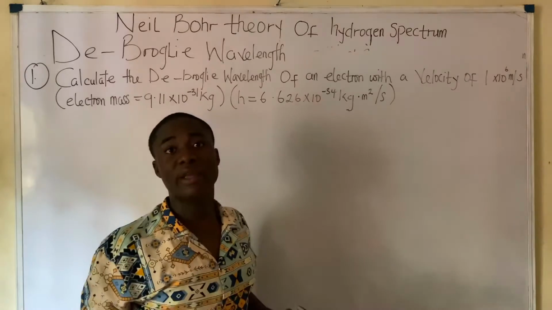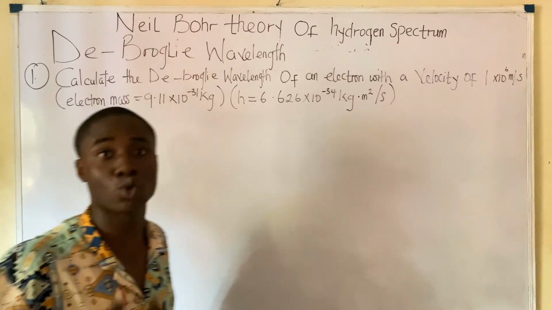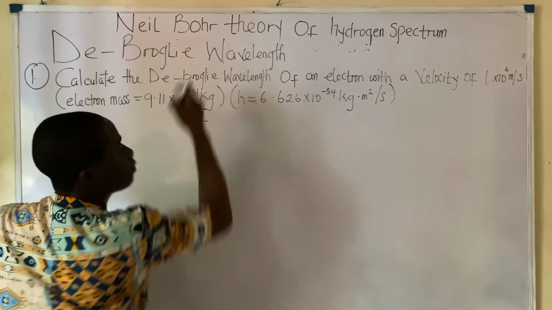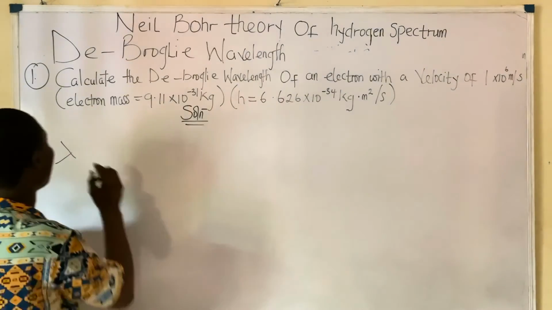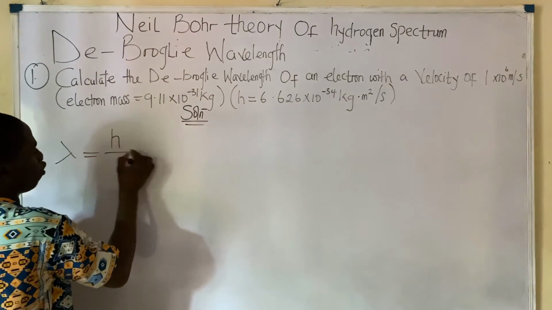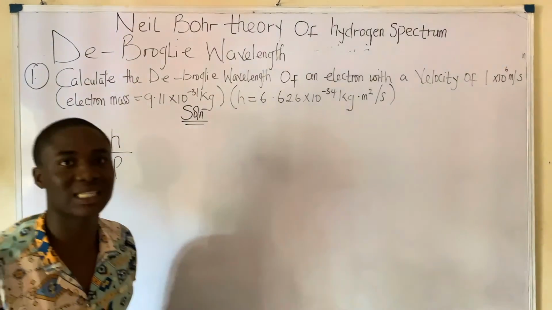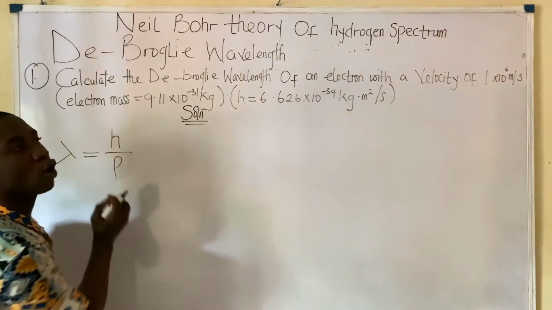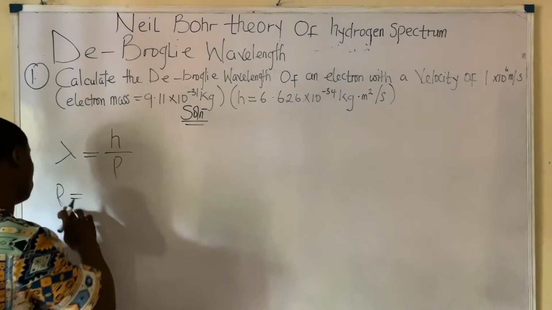It's very, very important. Let's get into the de Broglie's wavelength concept. Before I solve this question, let me explain the concept. De Broglie's wavelength is still given with the symbol lambda, and we simply say lambda is equal to h over p, where h is Planck's constant and p is momentum.